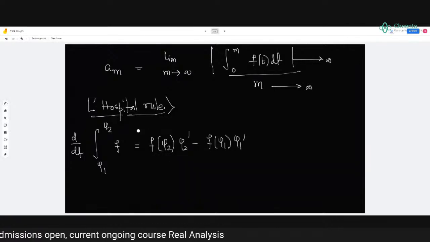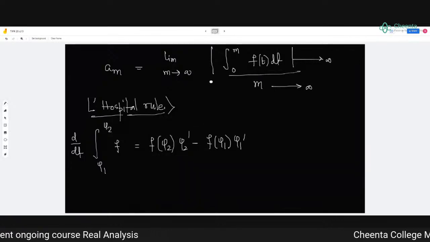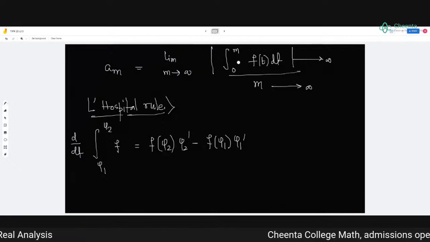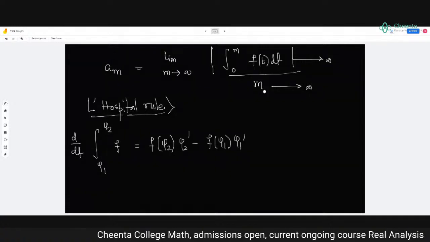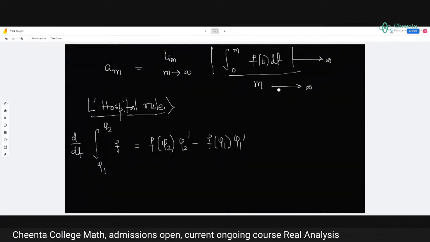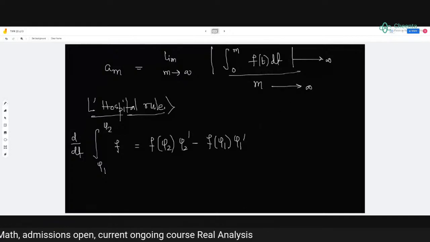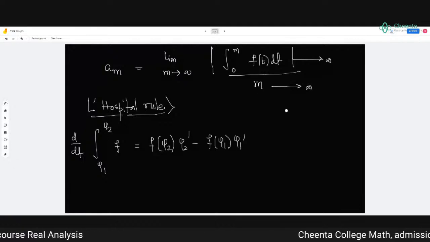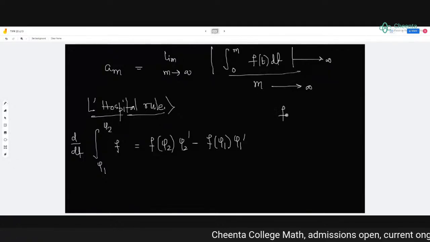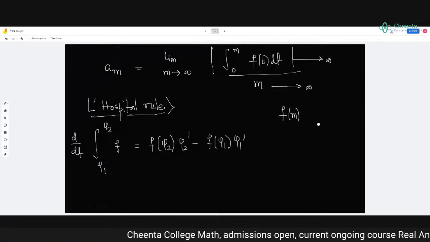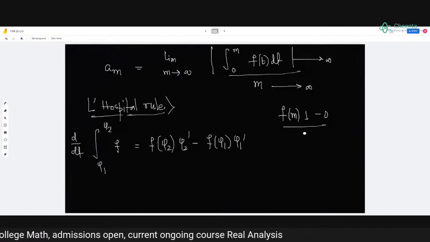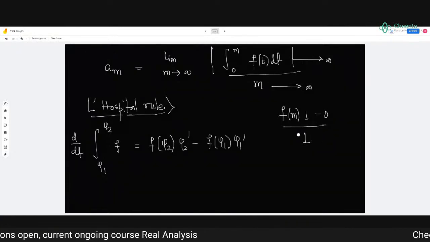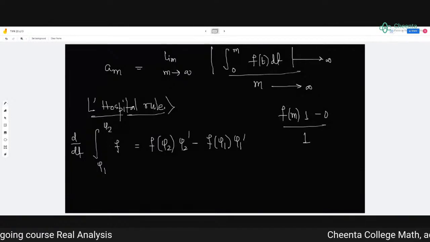Okay, so that is the standard rule. So here, instead of d/dt, we will be taking d/dm. If I take d/dm, then it will become f of m times d/dm of m, which is 1, minus 0, and the denominator becomes 1.